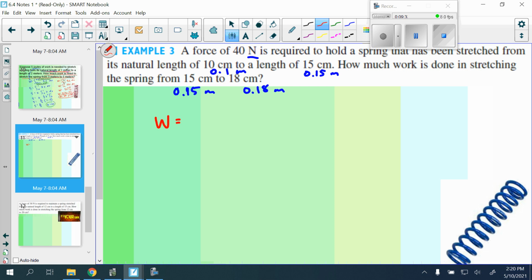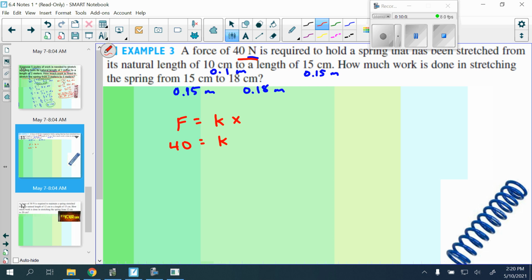Oh, sorry, this is a force. So if it's a force of 40 newtons, we could go right to our equation here because we know this is a force. So force in this case is equal to our spring constant times the distance. We've got our force here of 40, and we're trying to find our spring constant, K.